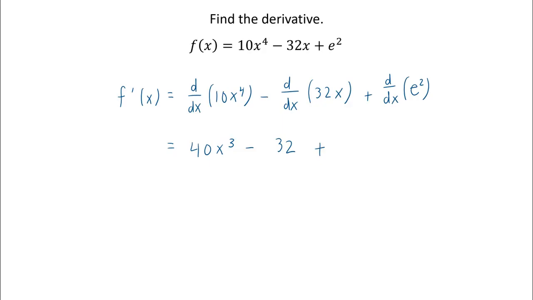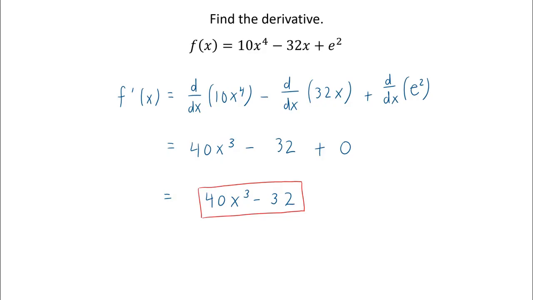And when we differentiate the last term, e squared is just a constant because e is a number about 2.7. So when we differentiate a constant, we get 0. So the derivative of f of x is f prime of x equals 40x cubed minus 32.